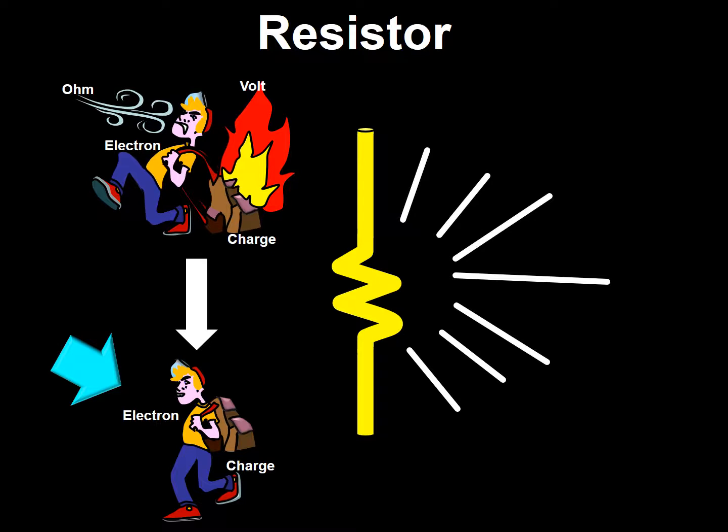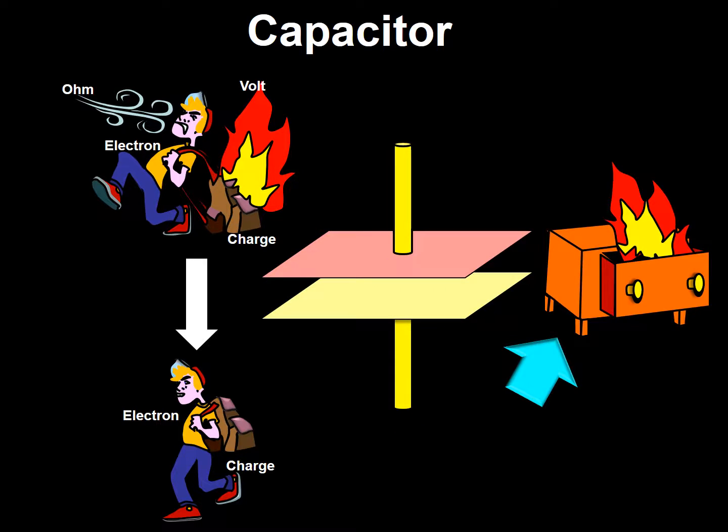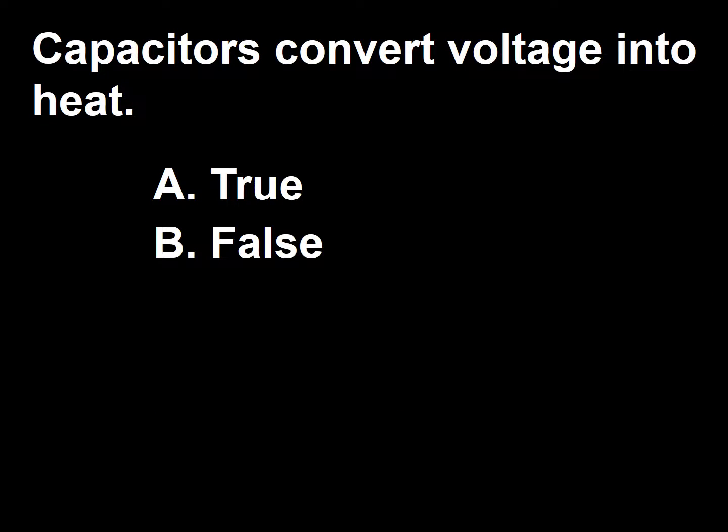After going through the resistor, the boy is just an electron going around a nucleus with no volt. The white lines from the resistor indicate dissipation of heat. We can think of a capacitor as a drawer where volts are kept. So the answer to this question is false.